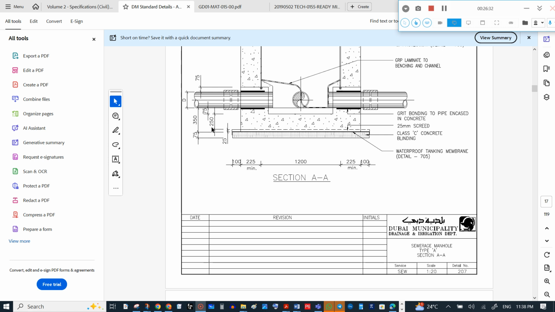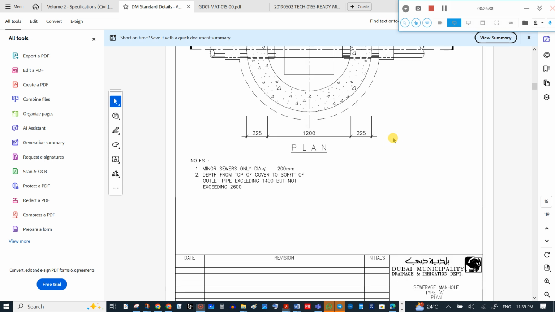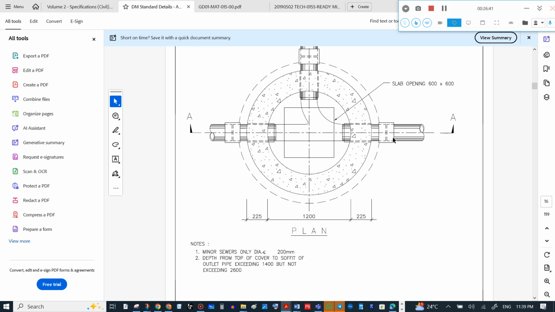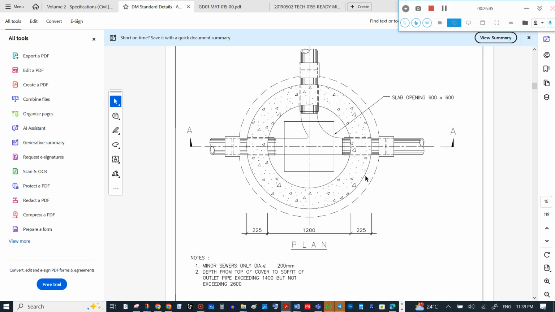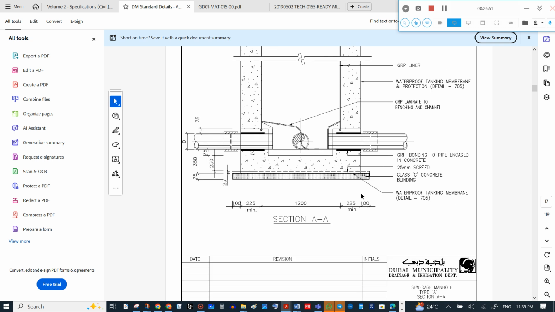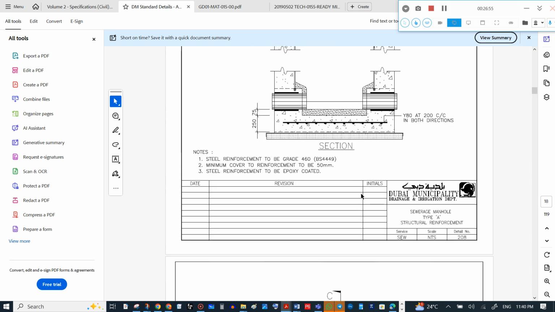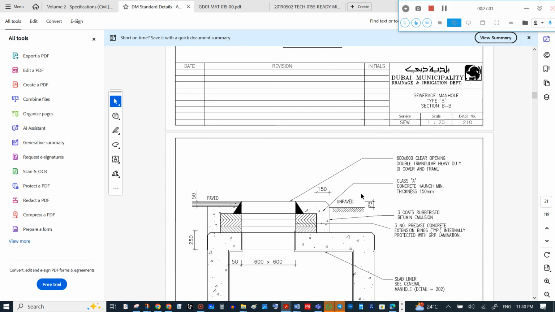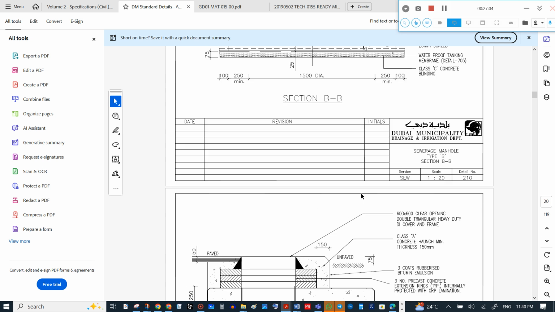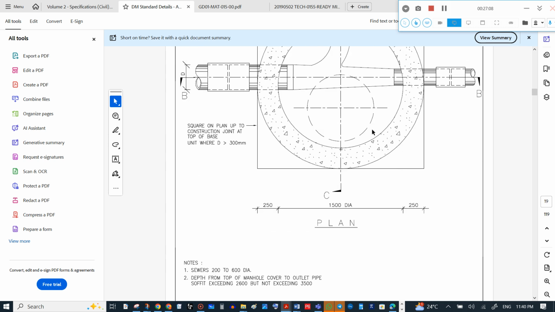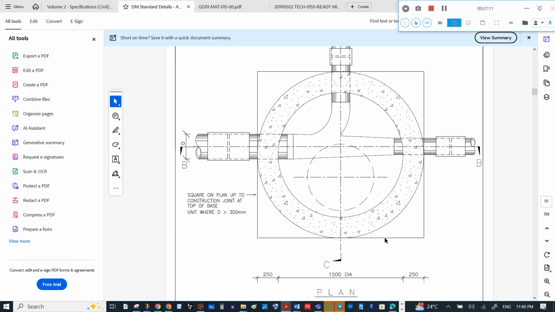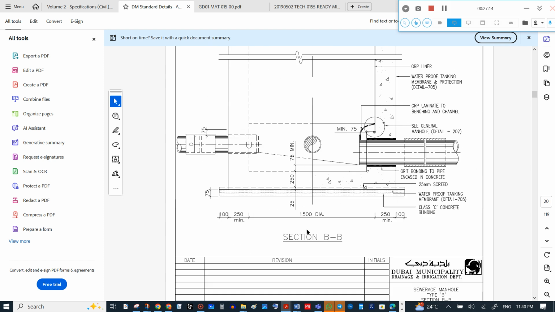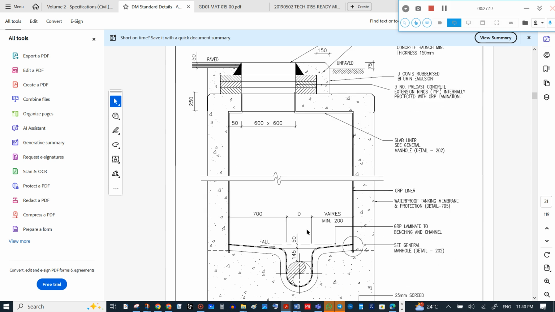See this type A plan: there is no rectangular base slab, only circular for type A. But when it comes to type B, in the plan view we can see that there is a rectangular base slab. Its thickness is 250 mm at the outlet.